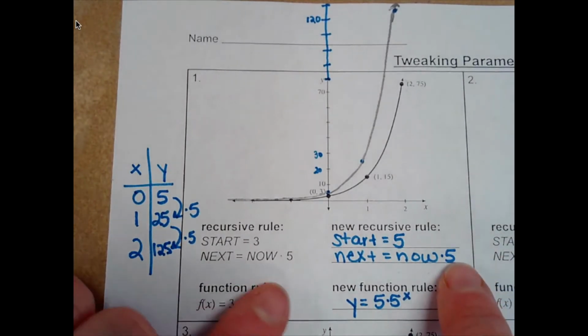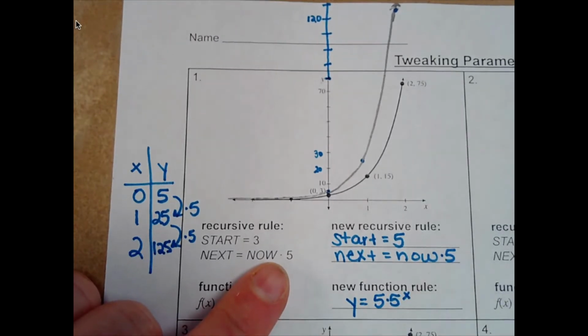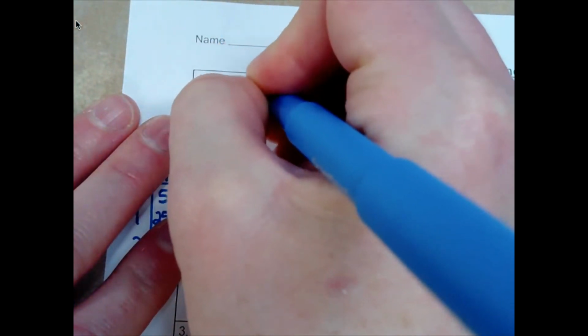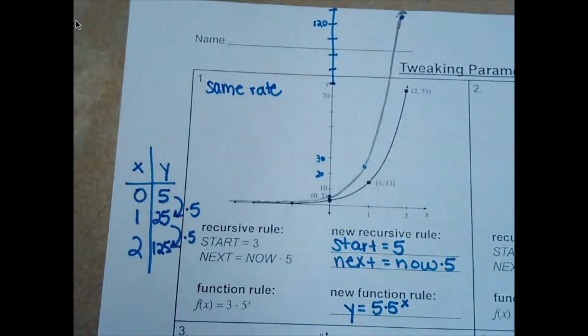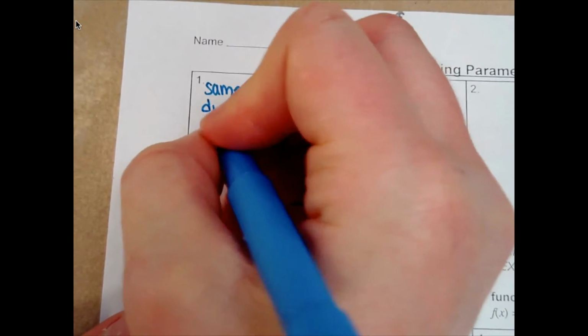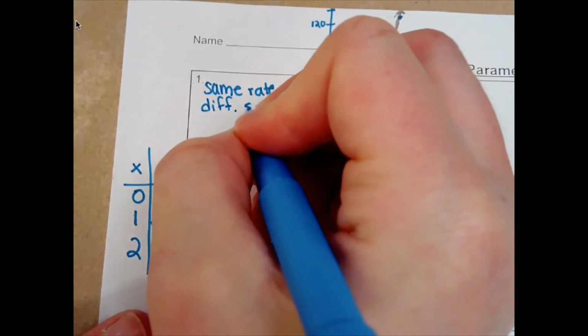What is that called? The recursive rule, but it's actually called the rate. How it's being multiplied or increased. So let's go ahead and write same rate. What's different? The start. Yeah. It's a different start.